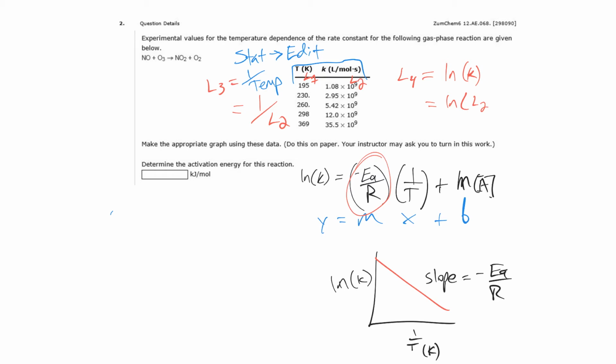Students, earlier I said 1 over L2, it's actually 1 over L1, 1 over temperature. But in L4 I want that to be the natural log of L2 because we had entered the rate constant data under L2. And then hit enter and it populates L4 for you.